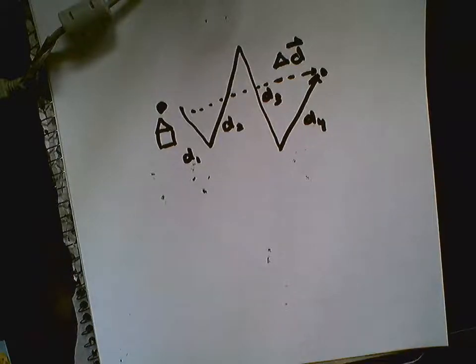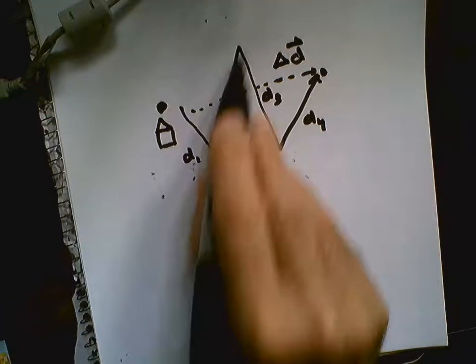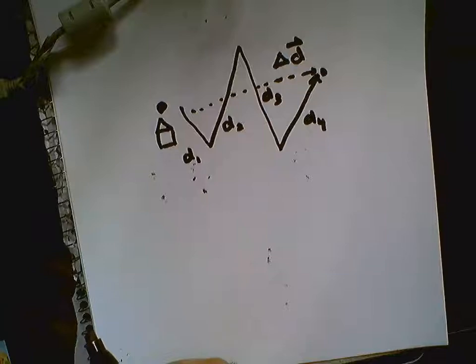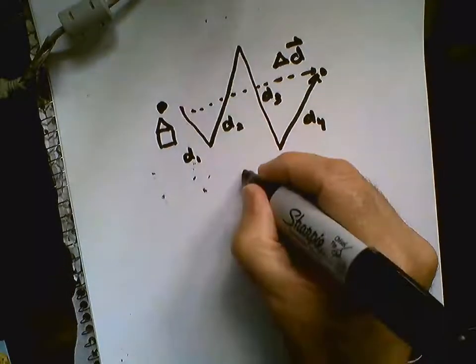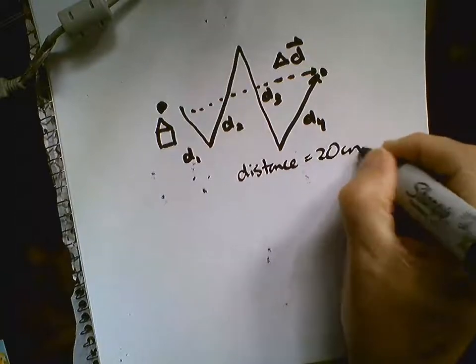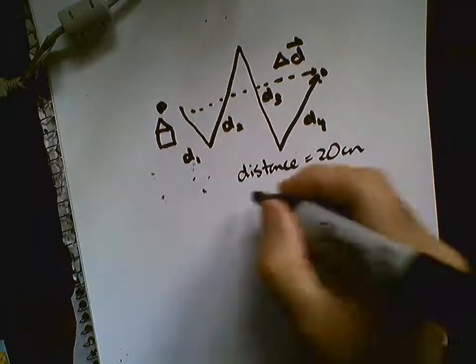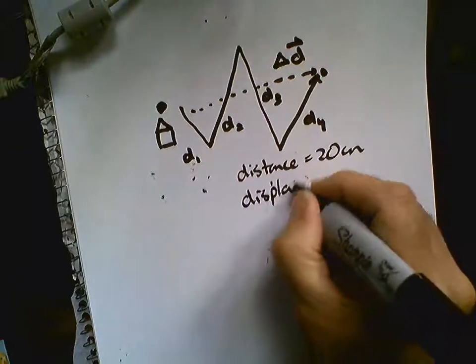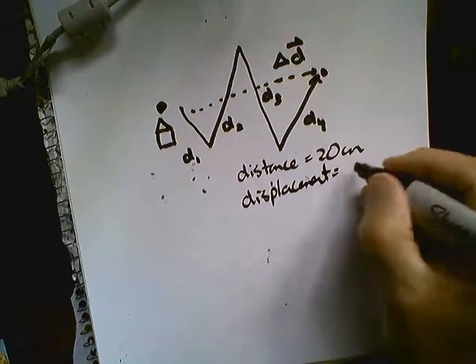Don't get too caught up in the terminology. All you have to know is to get distance, we measure the whole route. To get displacement, we measure the shortcut between the two. Let's say that our distance, if we added them all up, was equal to 20 centimeters. Let's say that our displacement was a lot shorter, and it always will be because it is the shortcut.